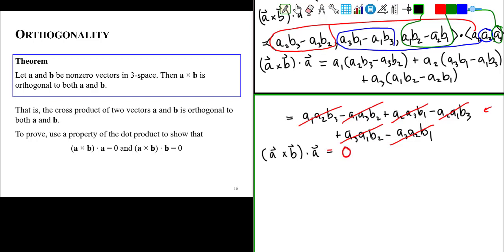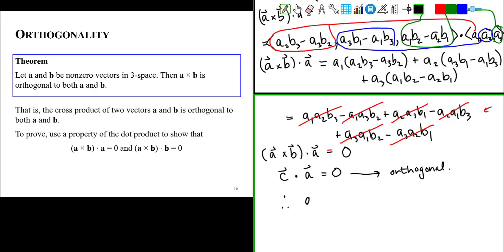And since A cross B is itself a vector, that means the cross product of A and B dotted with a vector is equal to 0. And remember, when the dot product between two vectors is equal to 0, those vectors are orthogonal.